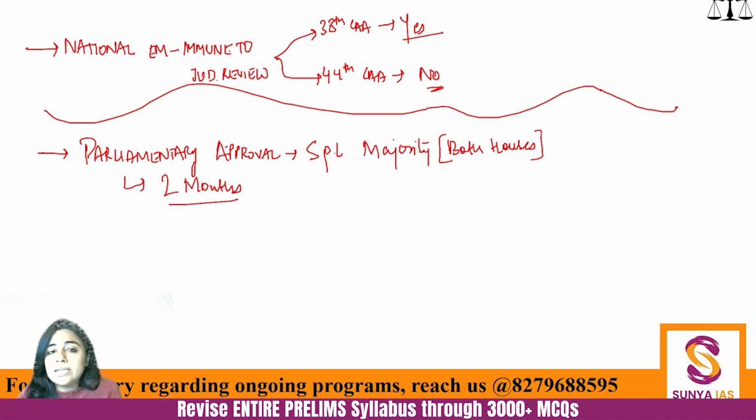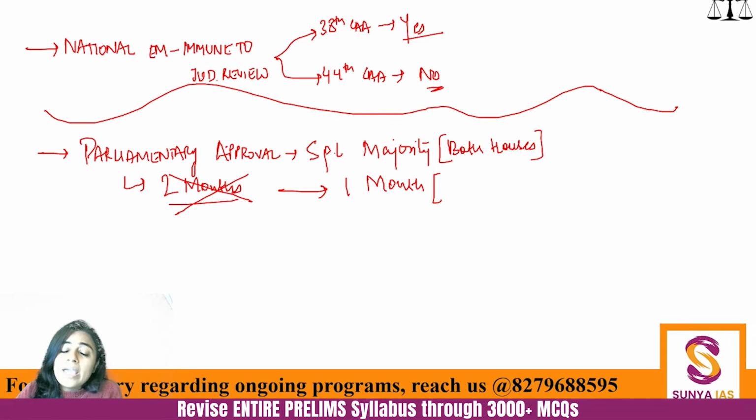Earlier it was 2 months, then this was scrapped, and by the good amendment, the time period was reduced to 1 month, that is 30 days. So now, if and when an emergency is proclaimed, within 30 days it has to be approved by both the houses of parliament by a special majority, not a simple majority.